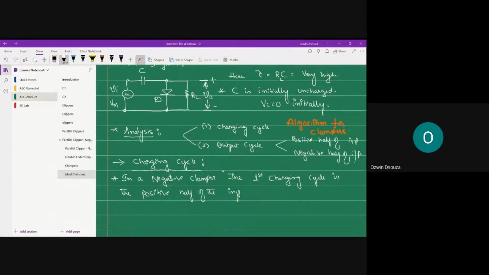All right. So those who have said the positive half cycle, their answer is correct. So for a negative clamper, the first charging cycle is the positive half cycle of the input. Similarly, for a positive clamper, it is going to be the negative half of the input. So first is the identification of the charging cycle. Done.